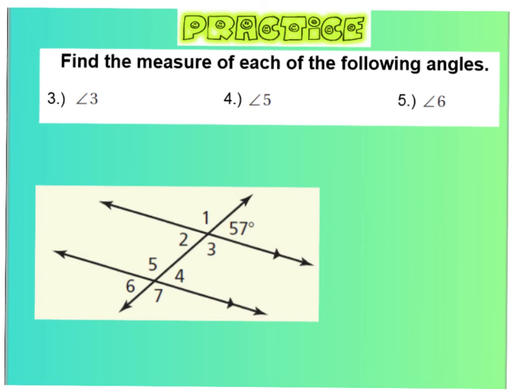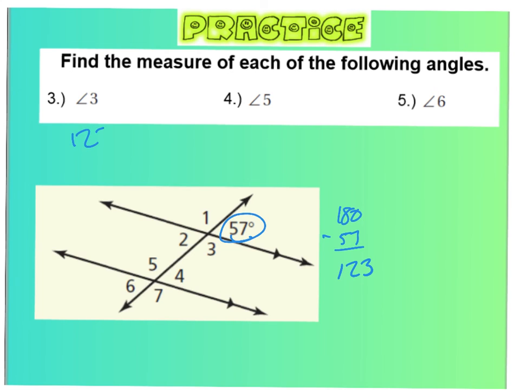Okay, find the measures of 3, 5, and 6. So we have 57. So 3 would be supplementary, so 180 minus 57 is going to give us... Sorry, I messed up on my calculator. 123.